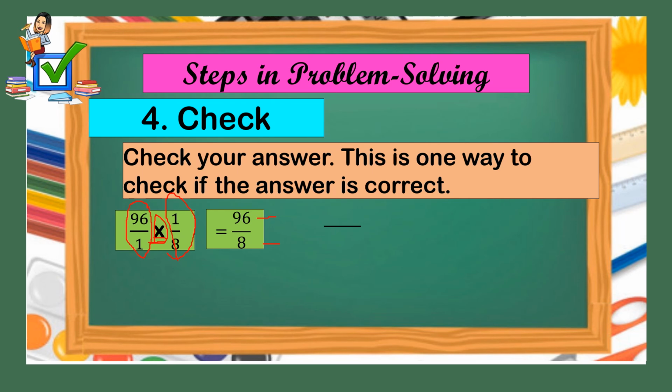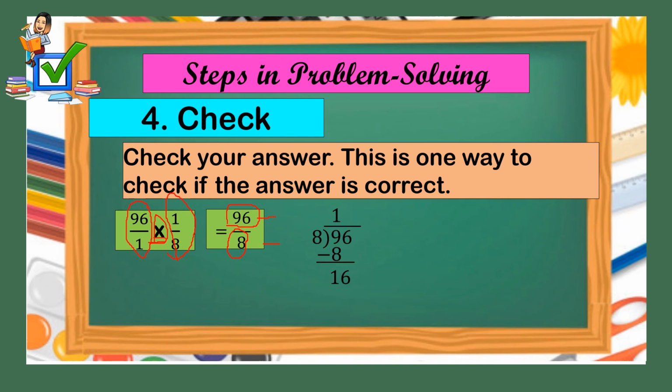So, 96 over 8. So, since 96 is greater than 8, we need to divide it. So, 96 divided by 8 equals... 9 divided by 8 equals 1. 1 times 8 equals 8. So, 9 minus 8 equals 1.